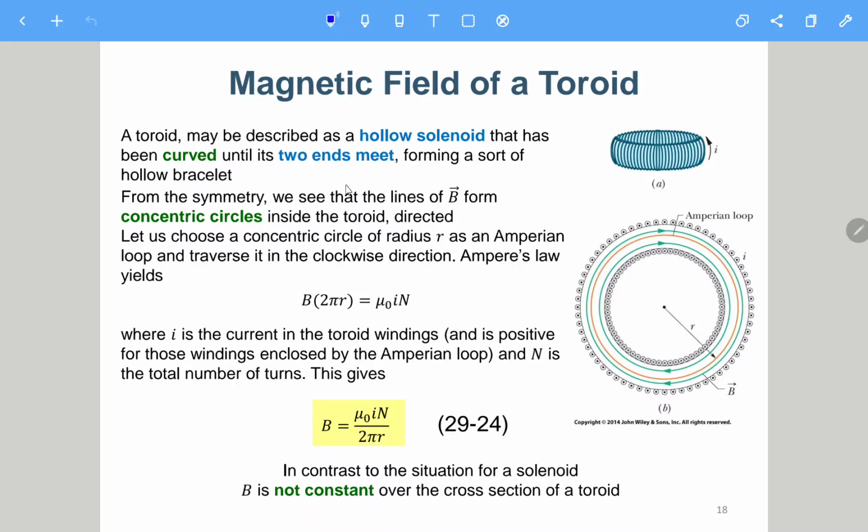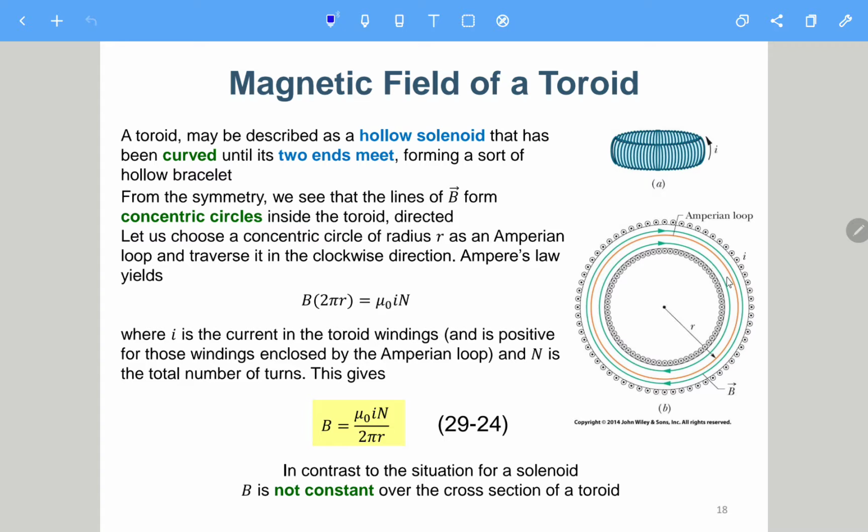So here we also try to find the B field generated by this structure. Here we consider the current is going into the page for this loop, and the current is going out of the page for this loop.